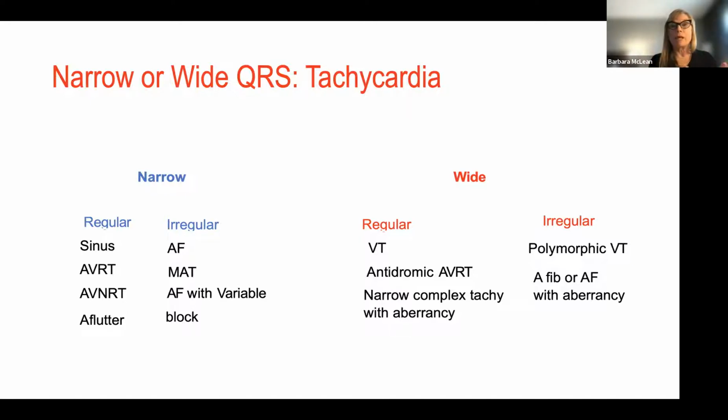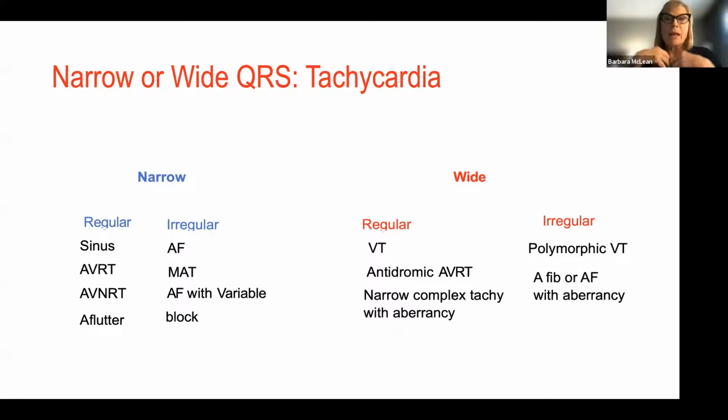So very important to say, okay, regular and narrow could be sinus tachycardia, could be AV nodal reentry tachycardia, could just be AV reentry tachycardia, but not necessarily the node. It could be atrial flutter, it could be AFib with a variable block, it could be multifocal atrial tachycardia, or atrial fib.